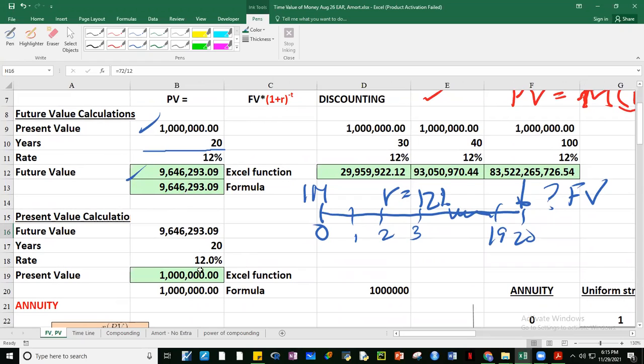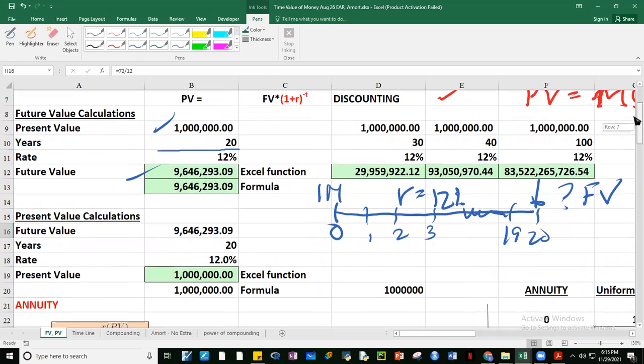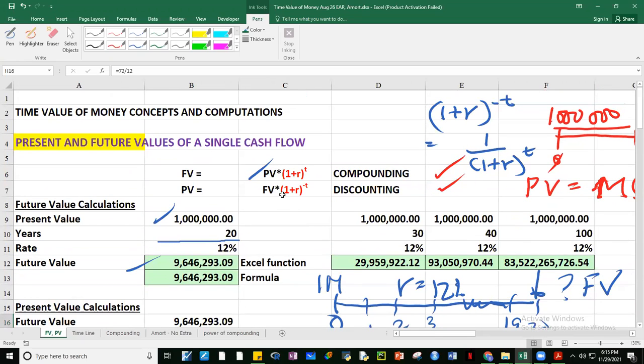Now, if we compute for the future value, we can do the reverse. Given the future value, we can compute for the present value. And the present value computation, we call it discounting. The discount factor is this one, (1 plus r) raised to the minus t, which is the same as PV equals FV times 1 over (1 plus r) raised to the t.